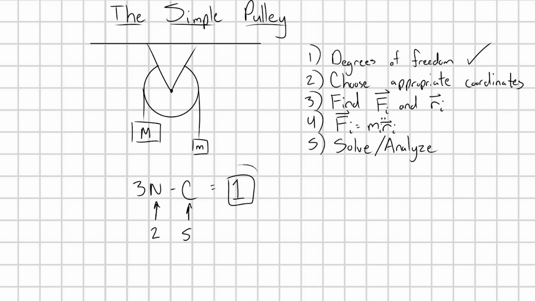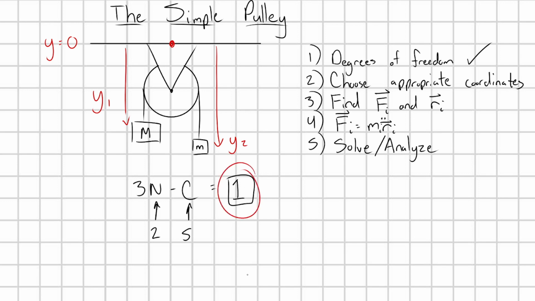So we only have 1 degree of freedom, right? But common sense, if I label the top of this ceiling here as y equals 0, would tell us we use 2 coordinates: y1 to track the first mass, and a second coordinate, y2, to track the second mass. And you see this happen a lot.